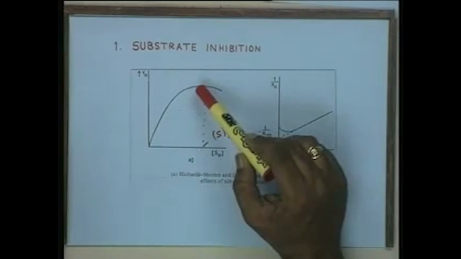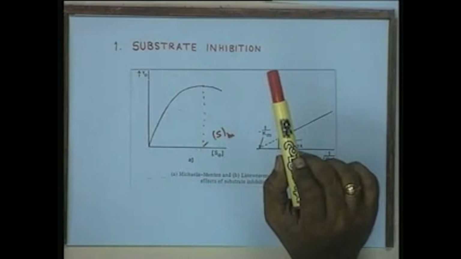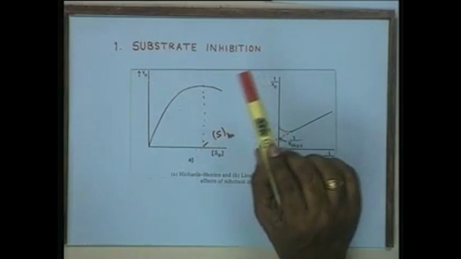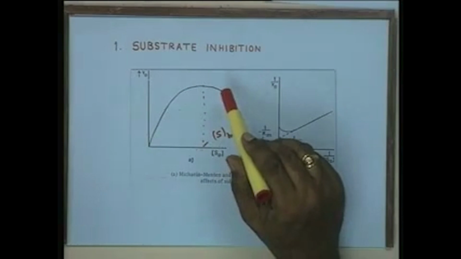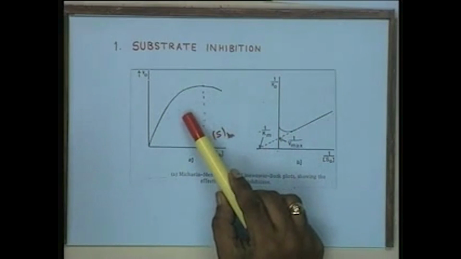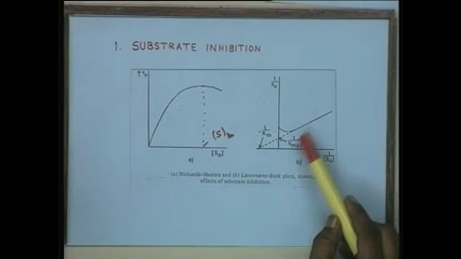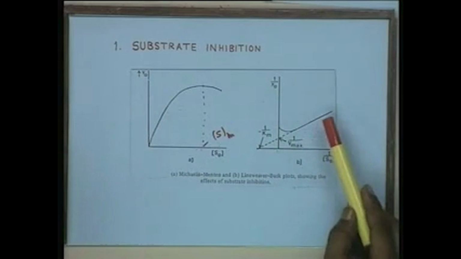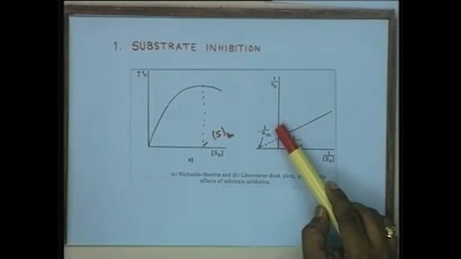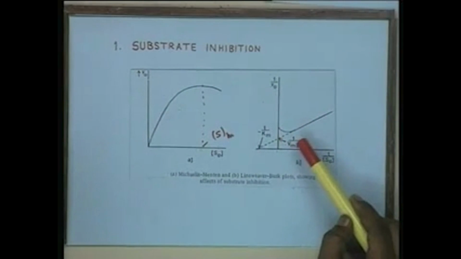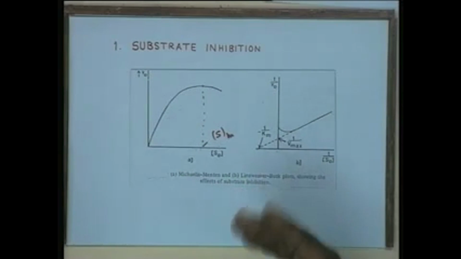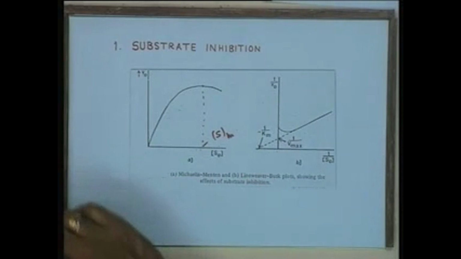It is a result of certain enzyme substrate interactions such that the rate gets tapered even before the saturation level is reached. This effect can also be visualized in the classical Lineweaver plot. Instead of giving you a straight line, it becomes convex to the x-axis, and that can give you an indication that the enzyme catalyzed reaction is having some kind of substrate inhibition.